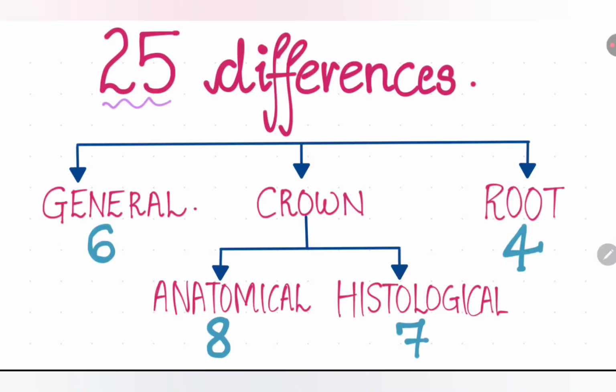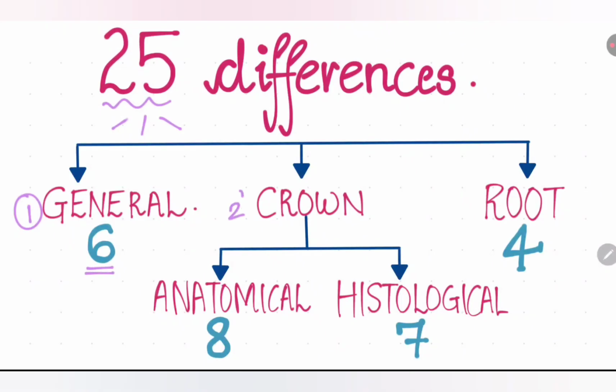How do we remember all these 25 points at once without getting confused? I have a trick for you. We divide these 25 differences into three categories. The first one is the general category, in which we have 6 differences.